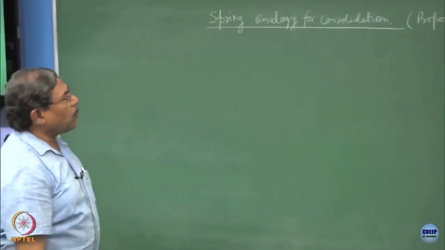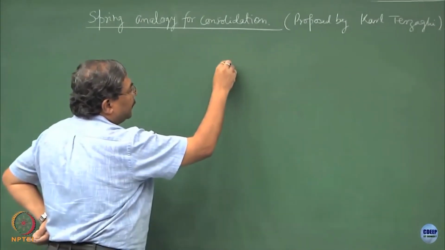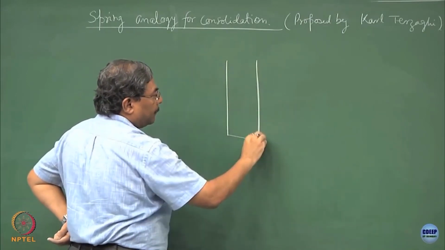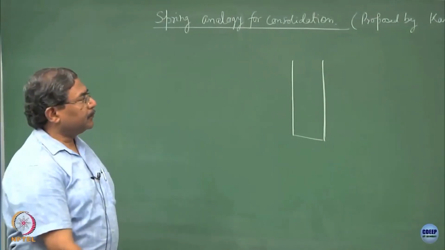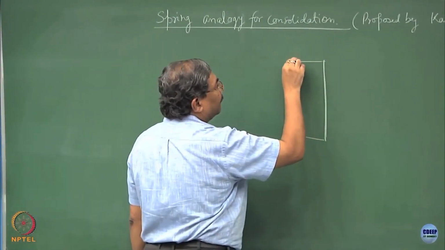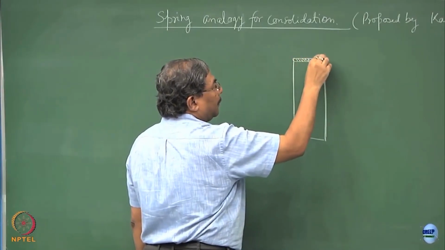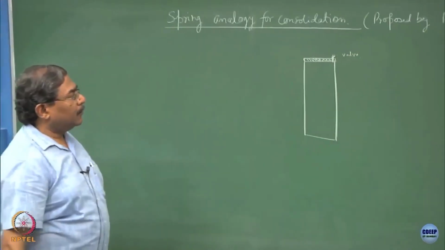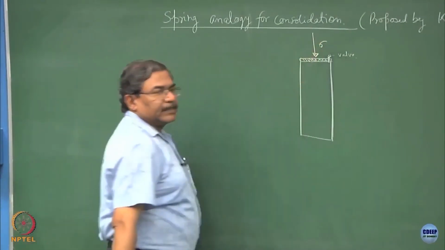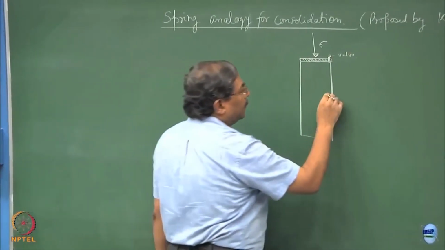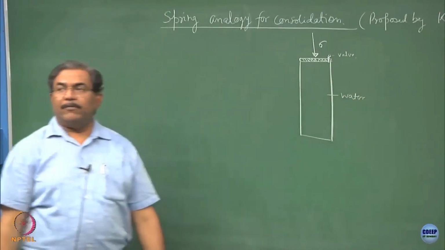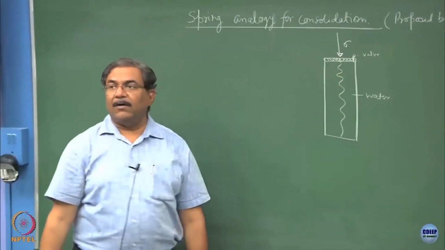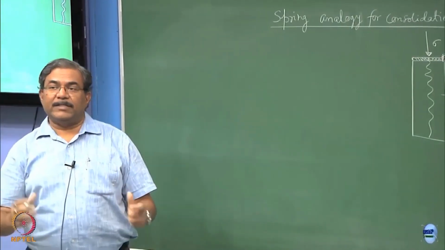Now, this is based on the assumption that if I take a cylindrical container and the walls are rigid, and if I fix a piston into it, and if I leave a valve over here, and if I apply a load which is giving me sigma, if this container contains water, which is the pore fluid in the soils, there is going to be a spring which depicts the voids, which depicts the skeleton of the soils.